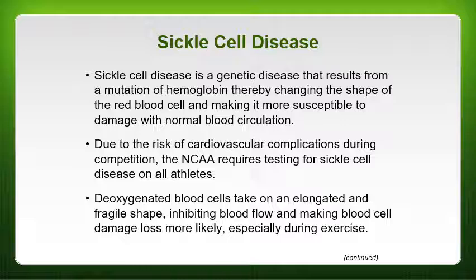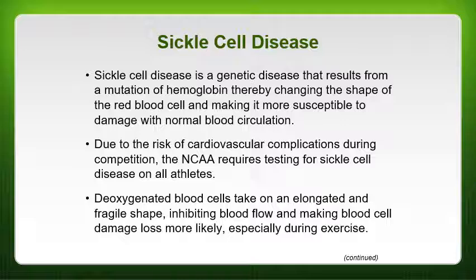The deoxygenated blood cells take on an elongated, fragile shape, which again inhibits blood flow. This is what I was getting at earlier, and it makes blood cell damage and loss much more likely, in particular during exercise. Individuals with sickle cell trait have less of a chance.